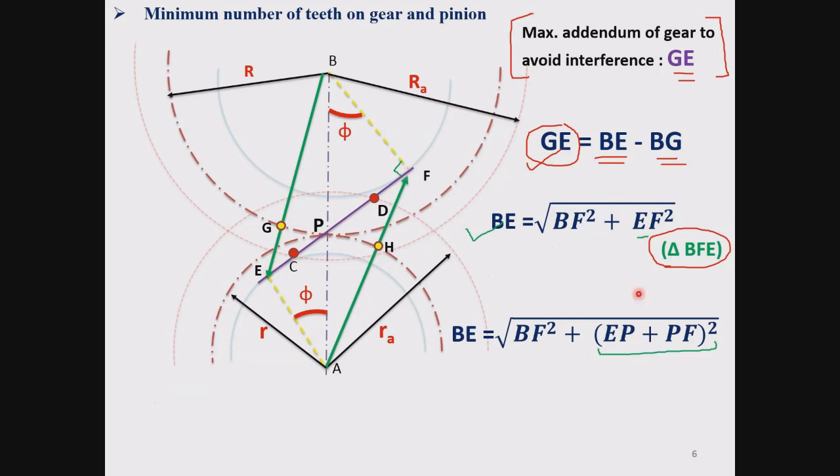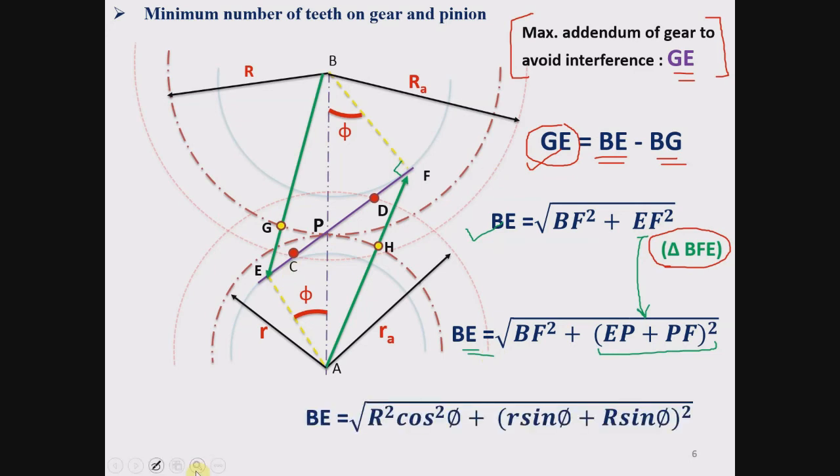So in this equation, substitute EP plus PF for EF. Okay, so BE is equals to under root of BF square plus EP plus PF square.